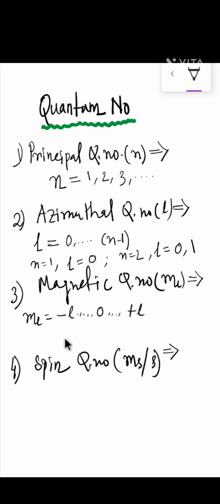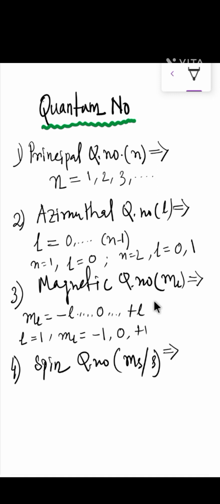What does it mean? Say l equals 1. For this value, m_l will be minus 1, then increasing by 1, that is 0, then increasing by 1, that is plus 1. So for l equals 1, we have minus 1, 0 and plus 1.